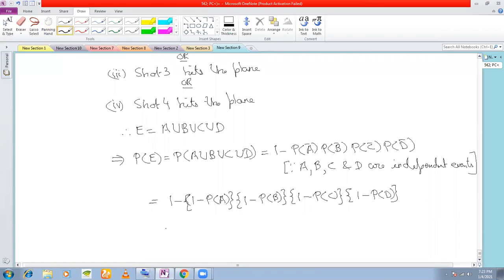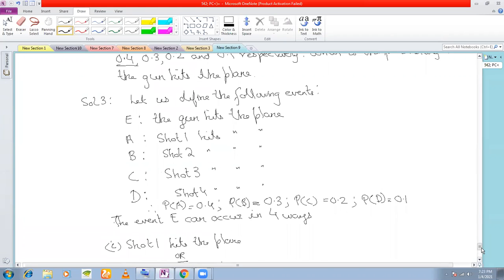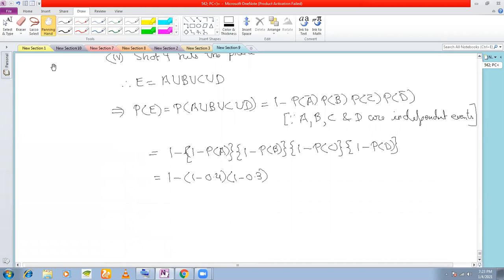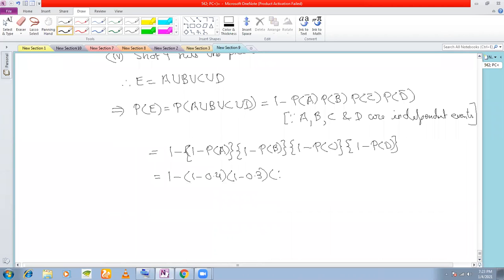Now let's just put it in this formula here. You will get the answer. It is 1 minus 0.4 into 0.3, 0.2 and 0.1. Which is equal to 1 minus 0.4 is 0.6. 1 minus 0.3 is 0.7. 1 minus 0.2 is 0.8.